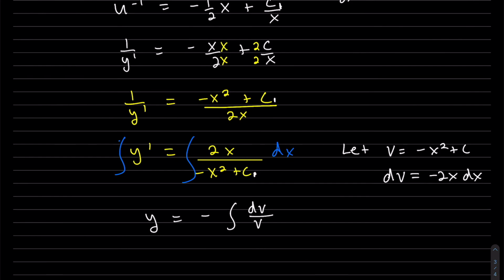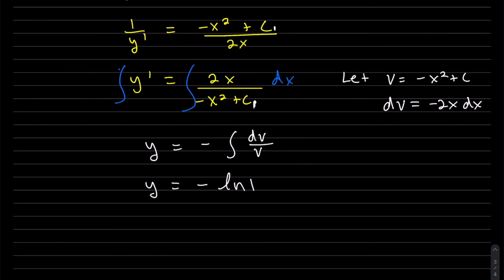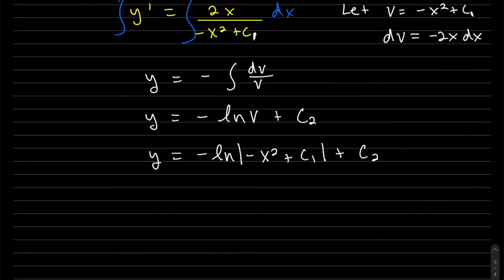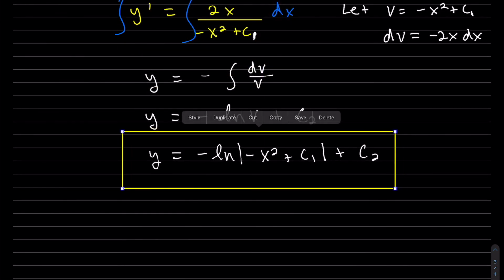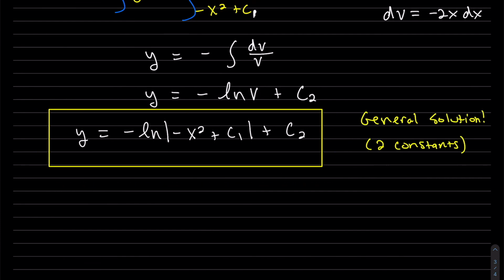We're going to have two constants for second orders. Here's my C2. Put back in that u. And this is my general solution. Again, we just solved our first second order. So we have two constants for a general solution. Cool problem, huh?